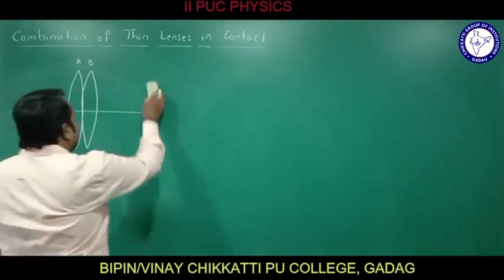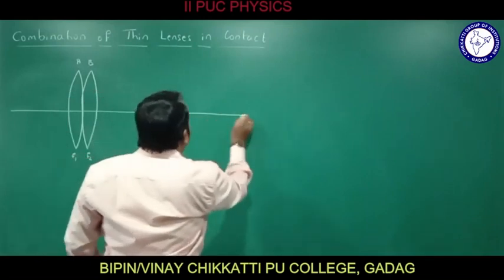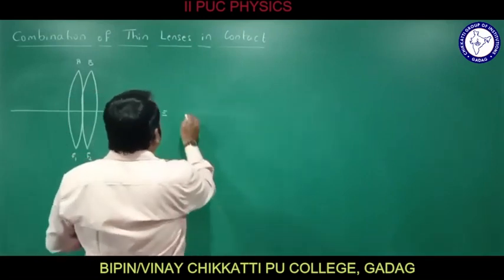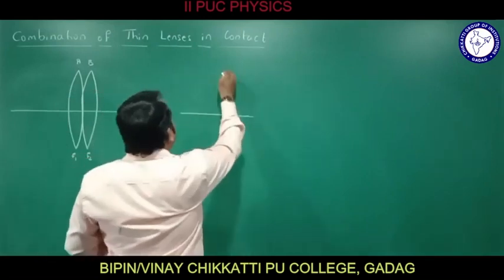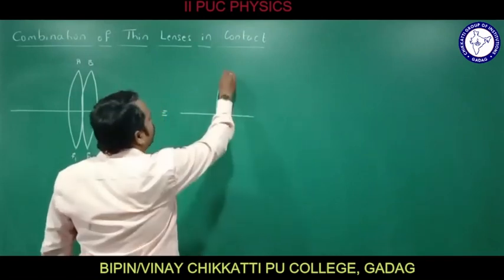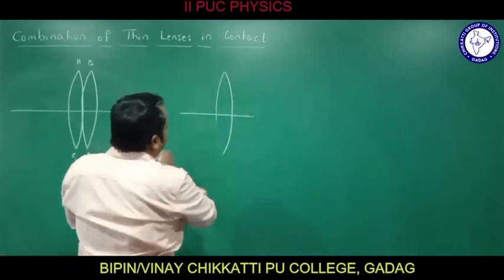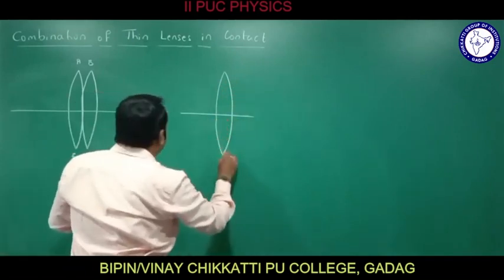And let me also take an equivalent lens here. Let me take a principal axis, and let me consider one lens which is equivalent to this combination. Let me take it like this. To understand, let me take the equivalent lens.